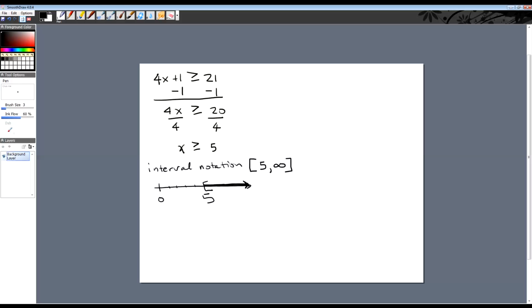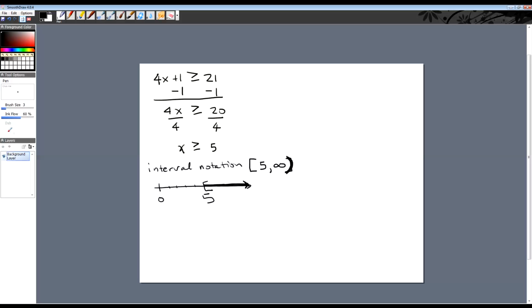So the bracket, I'm sorry, this should be written like this, not a square bracket, but a rounded bracket on the infinity side. The brackets actually have a connotation here.